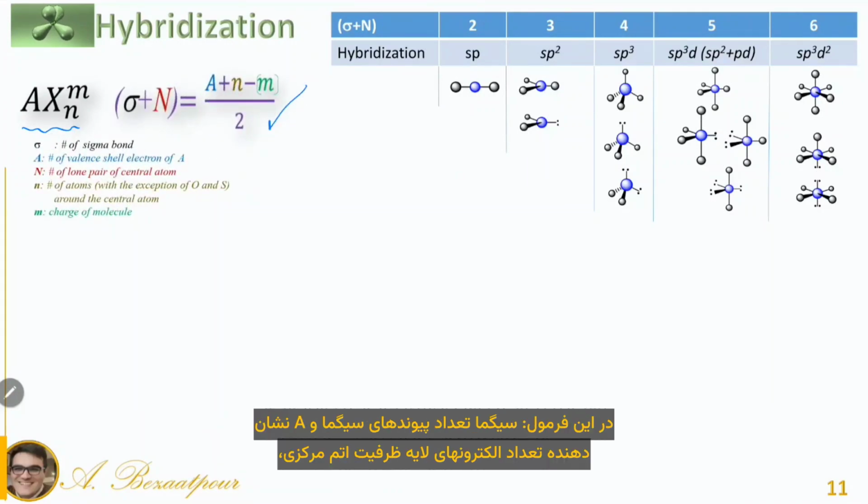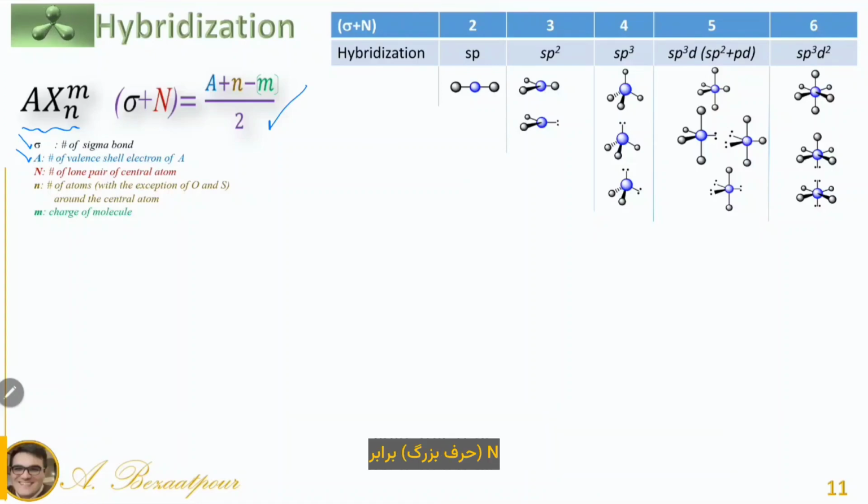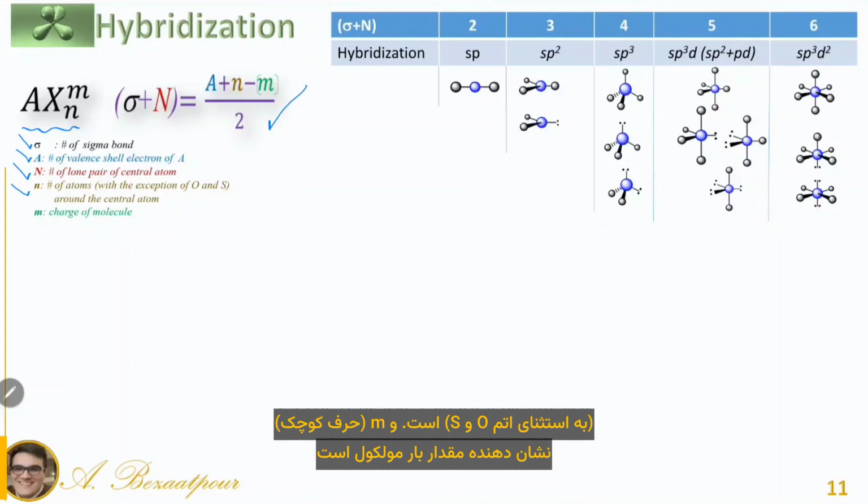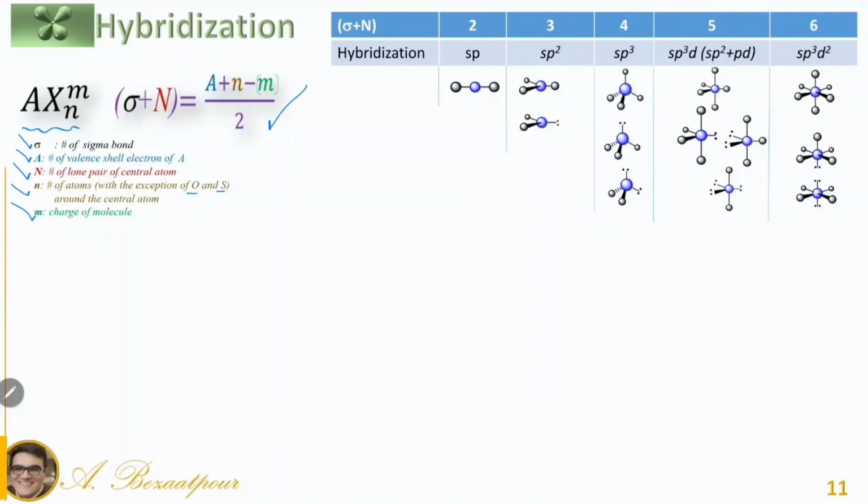In this formula, sigma is the number of sigma bonds, capital A equals the number of valence shell electrons of the central atom, capital N equals the number of lone pairs located on the central atom, small n equals the number of atoms around the central atom, with the exception of oxygen and sulfur, and small m equals the charge of the molecule.